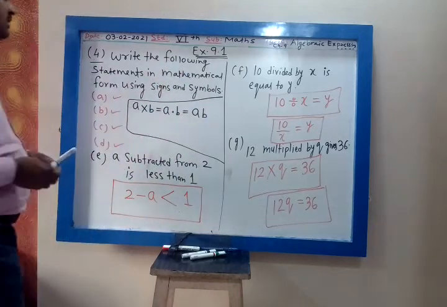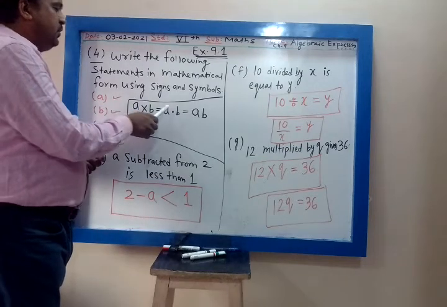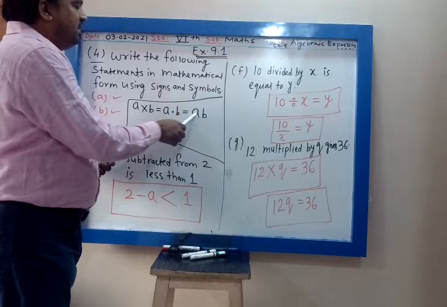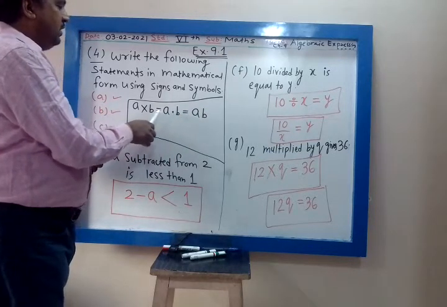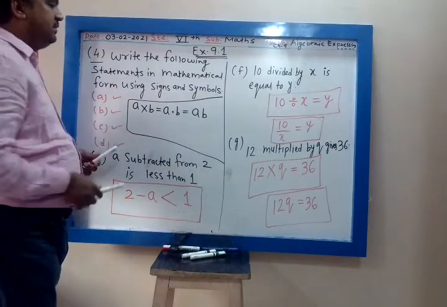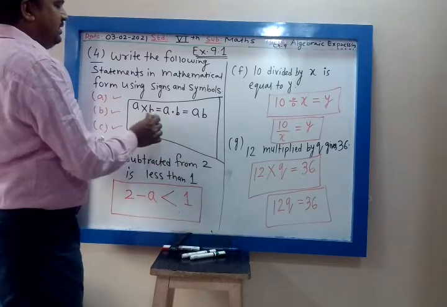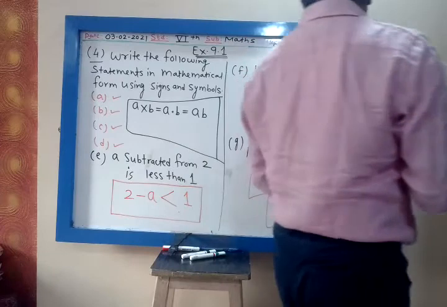This is the result. Whether you put cross or dot, or there is no sign between A and B, it is AB. AB means A into B or A cross B. So they are one and the same. So 12 into Q is same as 12Q.